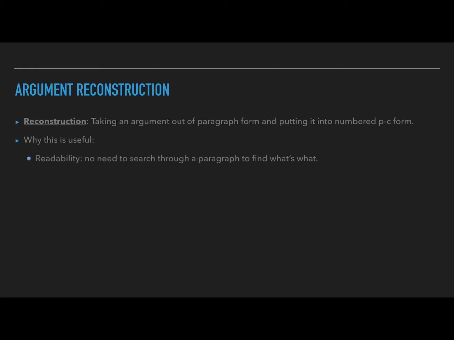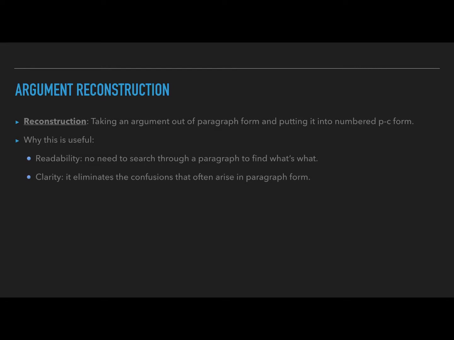And the reason that that's useful is partly because of readability. When an argument is in numbered premise conclusion form, you don't have to go searching through a long paragraph to figure out what's what. What's the conclusion? Is it the first sentence, the last sentence, or somewhere in between? You don't have to worry about that if it's numbered premise conclusion form. You already know the conclusion is going to be at the bottom and the premises are above it.